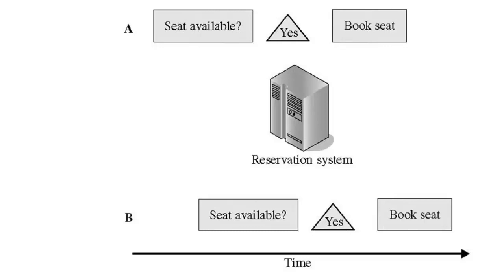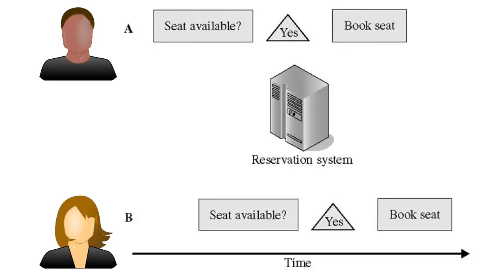In the figure, imagine that we have two web customers, A and B, who are trying to book a seat on a specific flight. Further, let's imagine that there is only one seat remaining, and that both A and B are attempting to book the one remaining seat at nearly the same time.